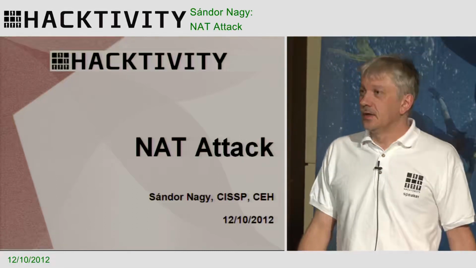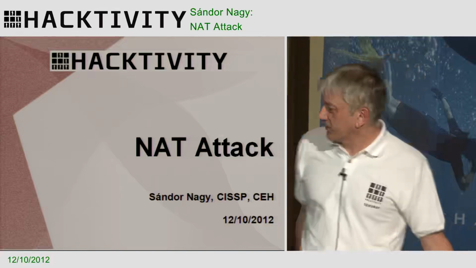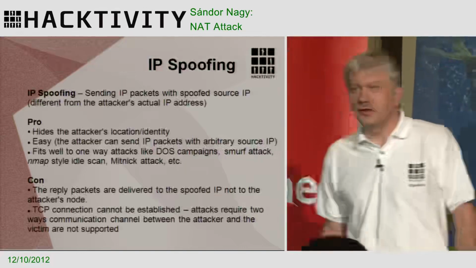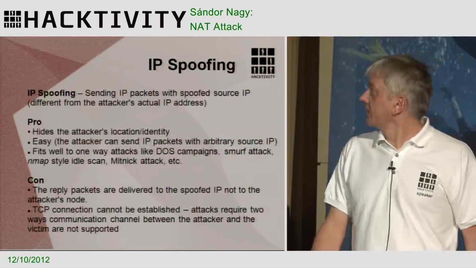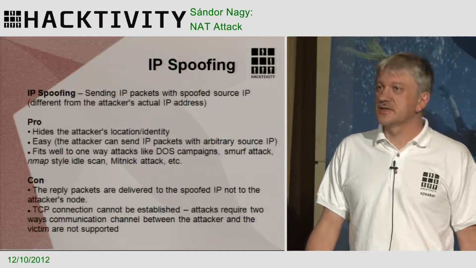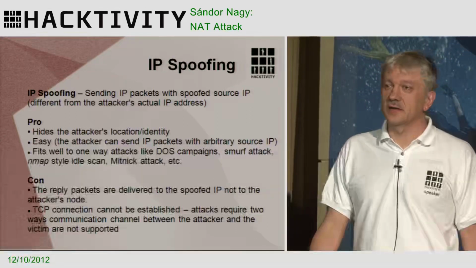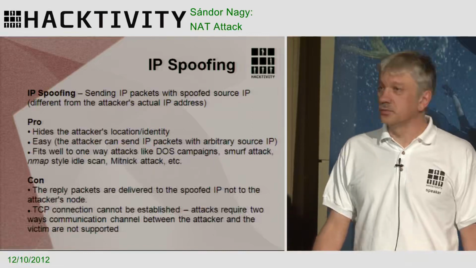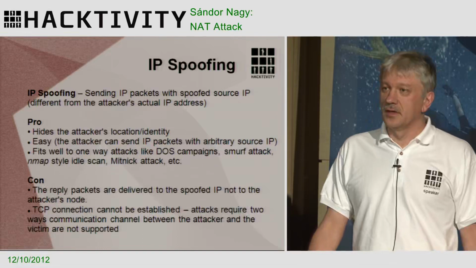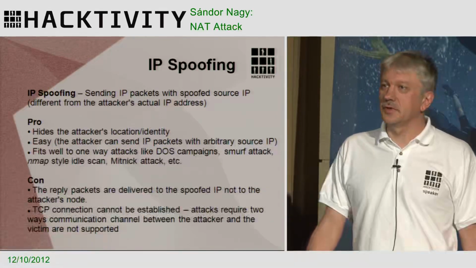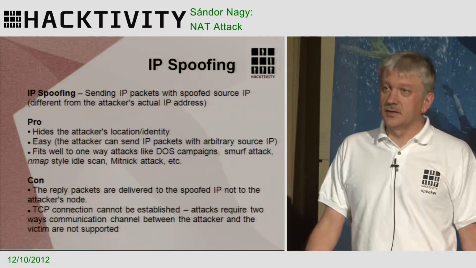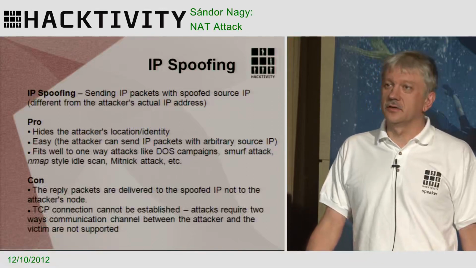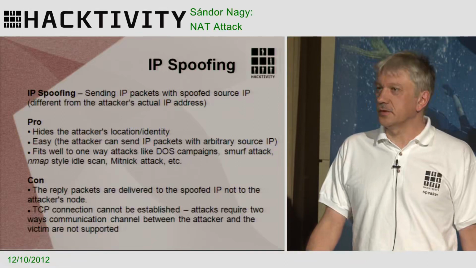What is it? As all of us know quite well, during an online attack, one of the main goals of the attacker is to hide his identity, to hide his location. Or, to be specific, to hide his real IP address. There are several ways to do so, but going not too far from the network layer, the primary candidate for this job is IP spoofing.